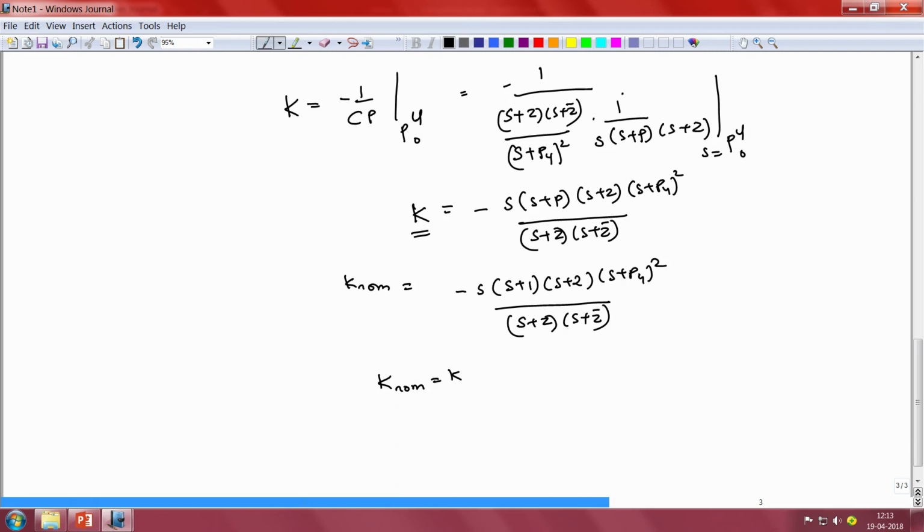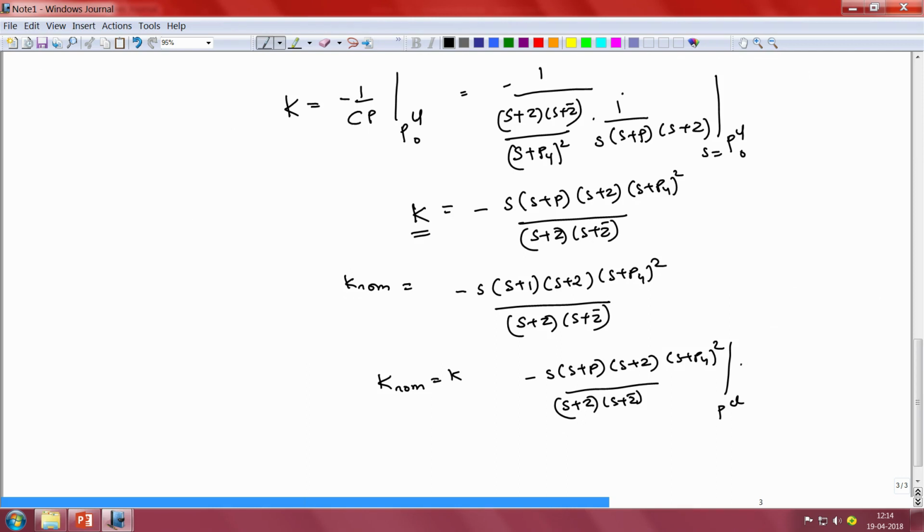the root locus equation will be valid with the same gain K, and hence we would have that minus of S times S plus P times S plus 2 times S plus P4 the square divided by S plus Z times S plus Z bar would be evaluated at the location where the dominant closed loop pole would be located. When P is not equal to its nominal value of 1, then the closed loop pole will not be located at PCL naught, it will be located at some point PCL.